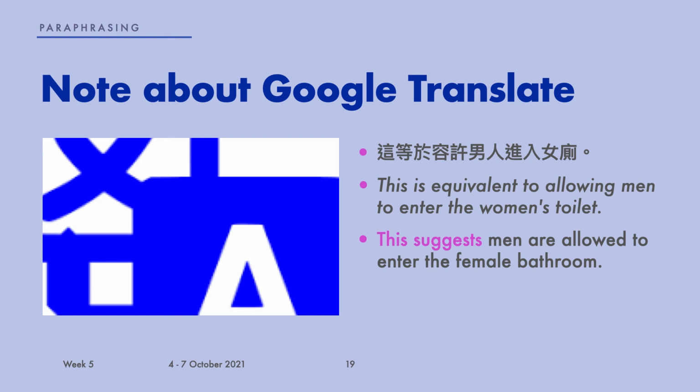But you can simply use a research verb to express what you want to say. You can say this suggests men are allowed to enter the female bathroom, or this implies men are allowed to enter the female bathroom.